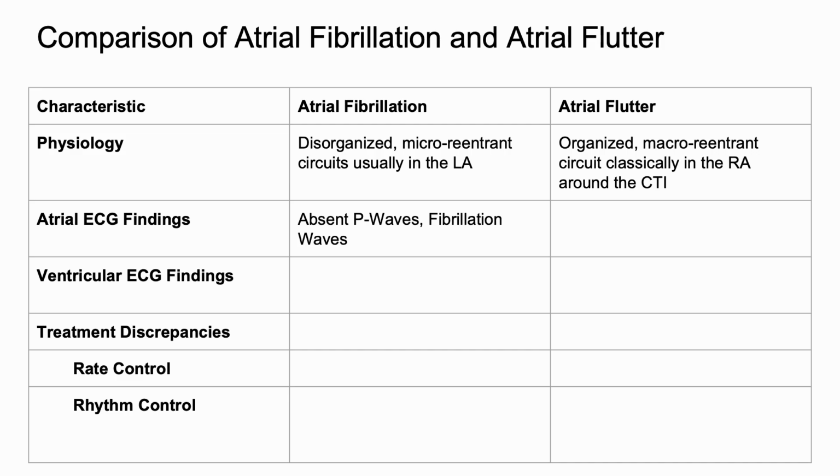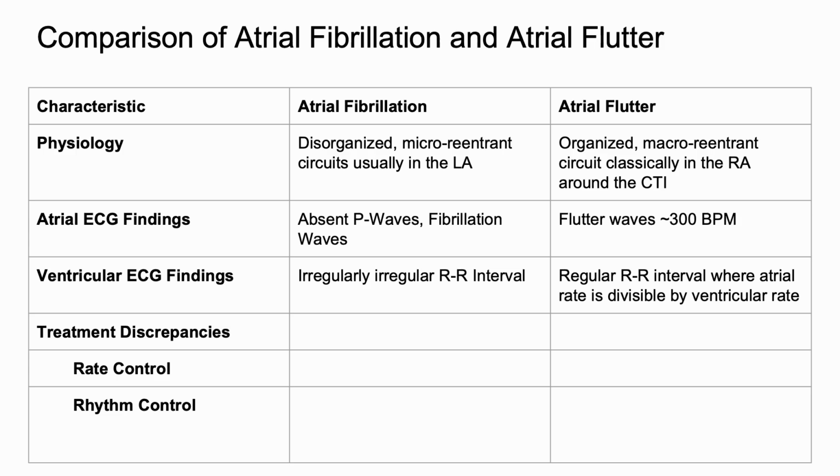Afib is characterized on EKG by erratic fibrillatory waves, while flutter has regular, about 300 beat per minute flutter waves that are organized and easier to identify as discrete atrial waves. Afib has an irregularly irregular pattern of conduction to the ventricles, while flutter has ventricular conduction by which the atrial rate of 300 is usually divisible, in the absence of a variable block.